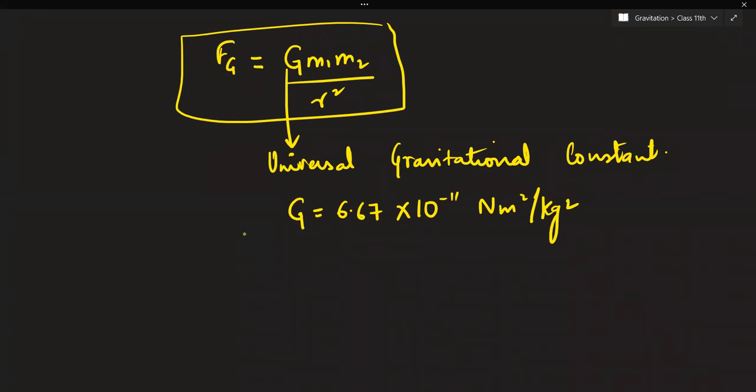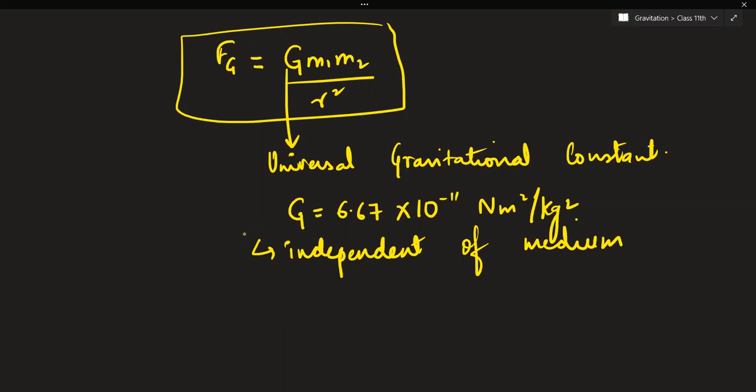Universal means that this value is independent of medium. Why am I mentioning this point separately? Because you will be getting questions. Acceleration due to gravity, which we had done in motion under gravity in motion in a straight line, varies with the planets, varies with atmosphere.